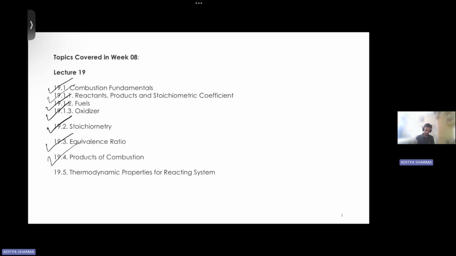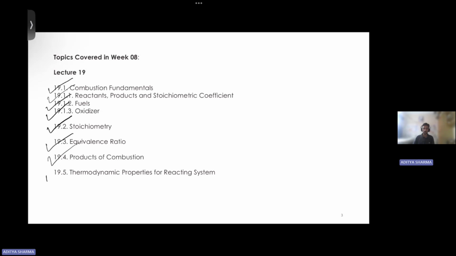Then the next topic is thermodynamic properties of reacting systems. When we have a set of reactants, how do we define the enthalpy?